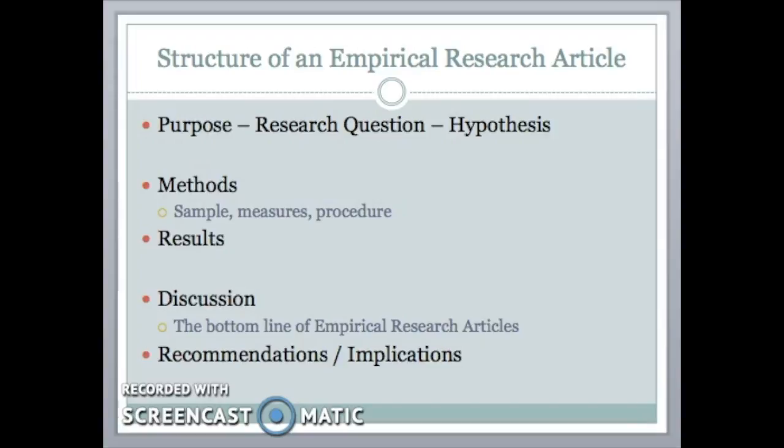Hypothesis is a little bit different. The hypothesis is used to predict. It's a prediction of what the researchers believe will happen before they've done the research. So before I've studied anything, I think that eating red meat causes cancer.